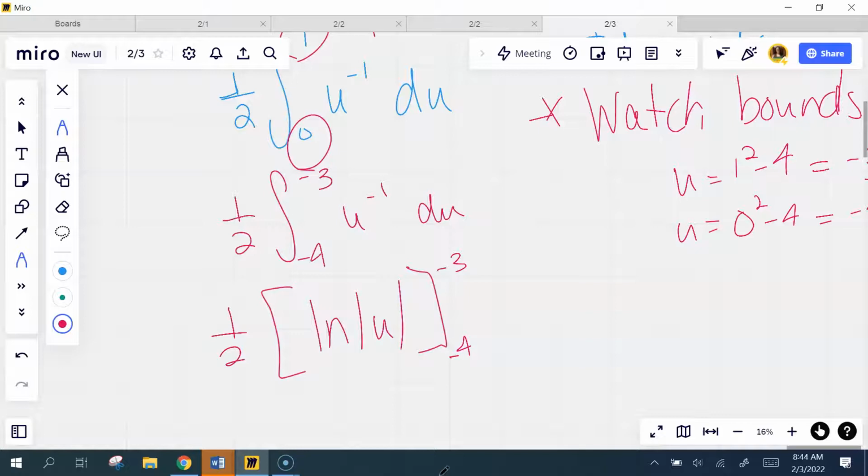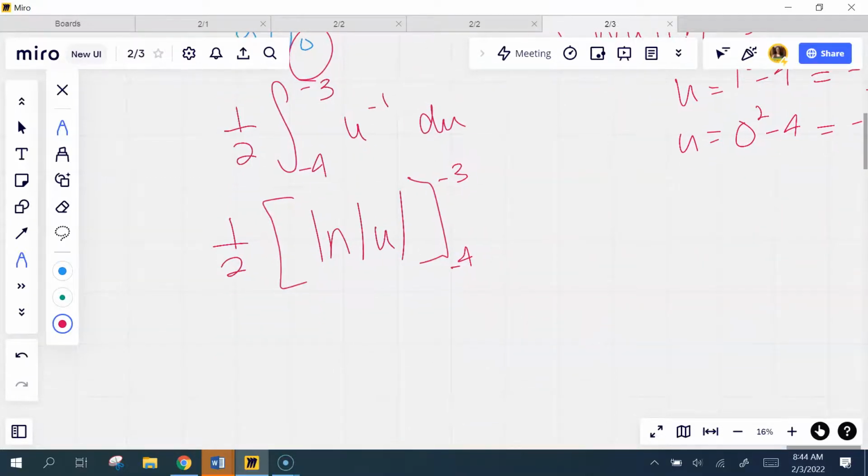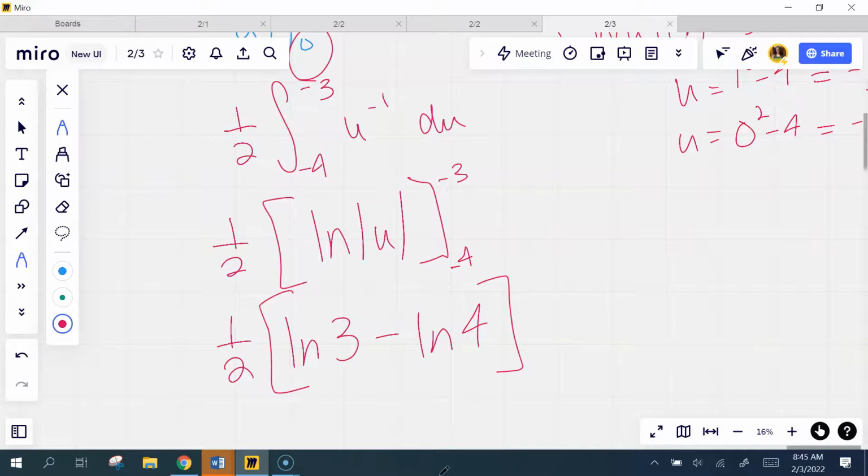You only use the plus c when it's an indefinite integral. For definite integrals, remember, that's the fundamental theorem. If I have the bounds, I know the exact values. So now it's just 1/2 the log of 3 minus the log of 4. And just stop there.